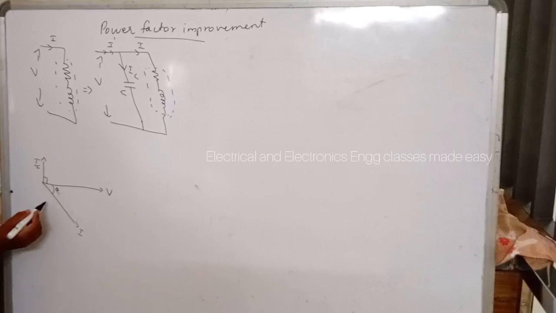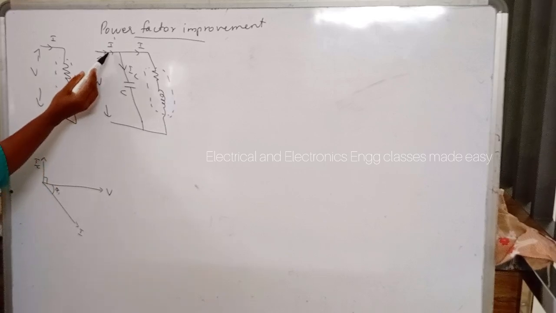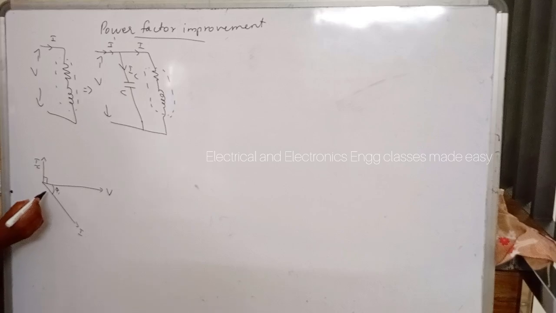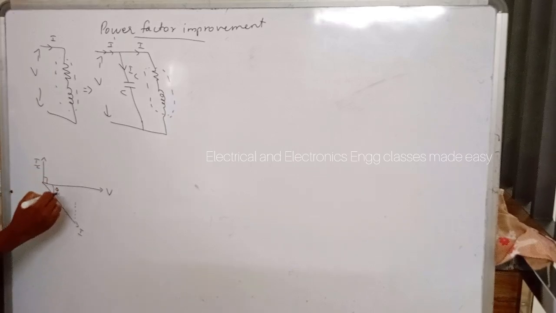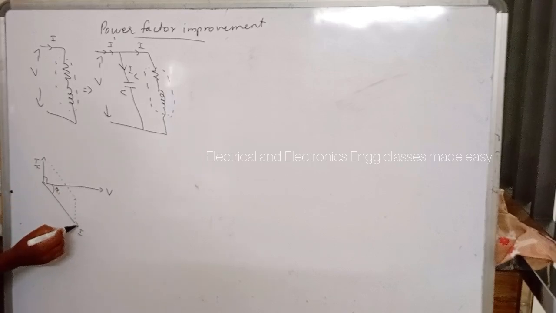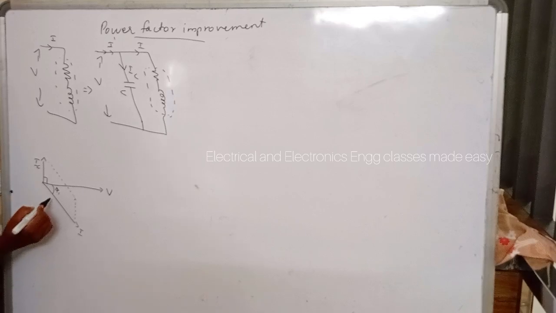Then the resulting current is I dash. So what will be I dash? It will be the phasor sum of this IC and this I. So we can draw the phasor sum of IC and I here.